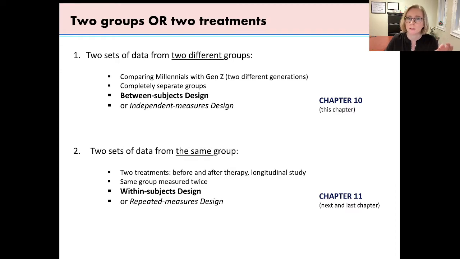There's just one little change that's happening. That's why chapter 8 was so important, because it sets up hypothesis testing. What is the t-test? How is the t-test different from the z-score? And from there, all of these are t-tests with minor changes depending on if you have one group, two groups, or one group tested against a population, which would be the single sample t-test, the first one that we talked about.